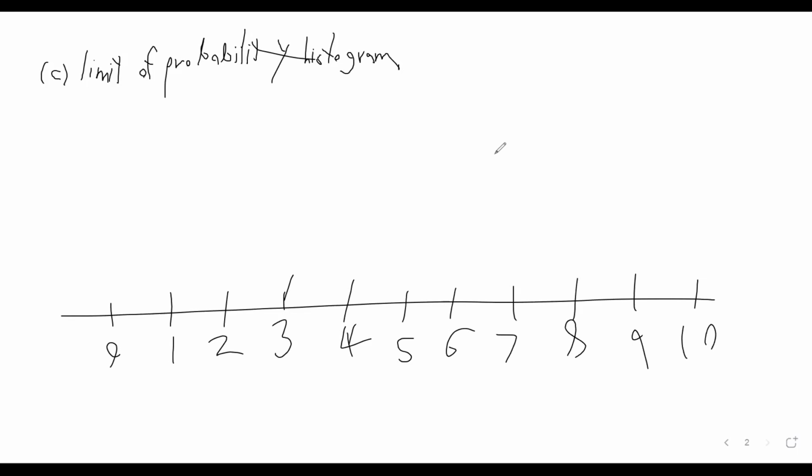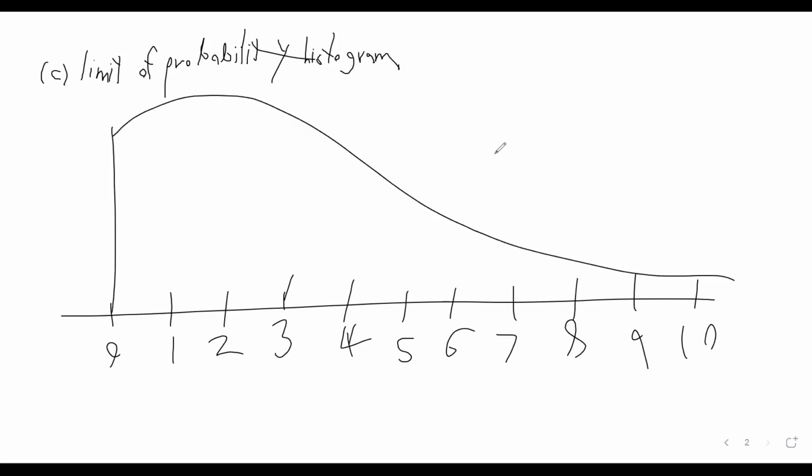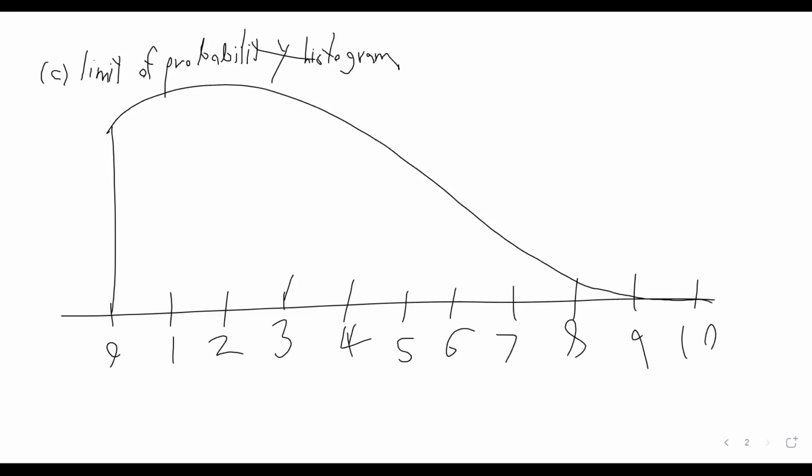Okay, but so eventually, instead of having rectangles, instead you have a continuous curve, right? But to match with what I wrote earlier, it's 0 at 10, right?